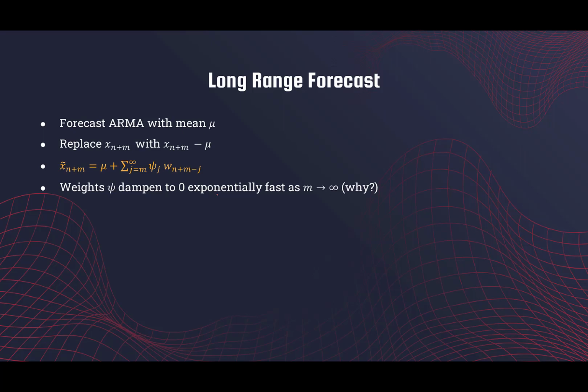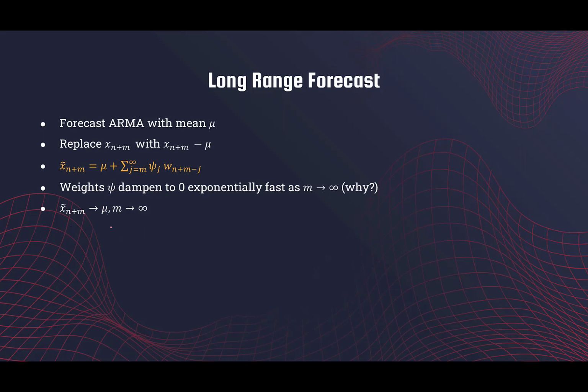Why is that? That's going to be a homework assignment. As m goes to infinity, these constants go to 0, this entire sum goes to 0, and we are left with the predictor x tilde n plus m converging to this.